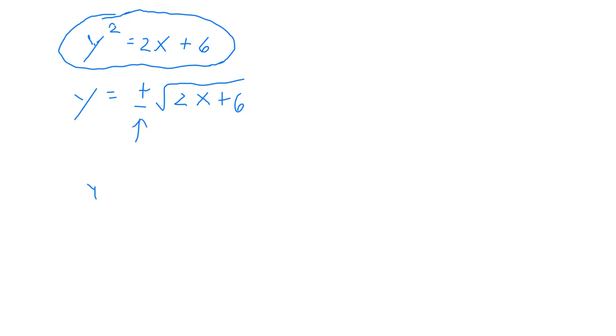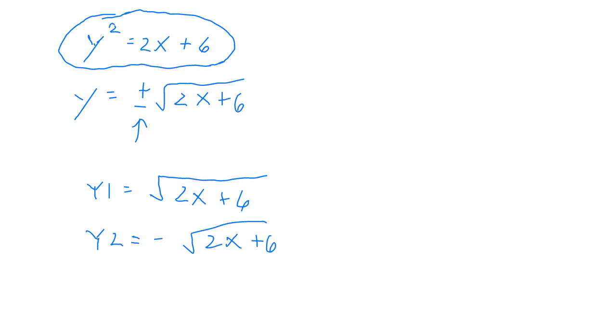So on my TI-83 or 84, I'd have y1 equals the positive square root of 2x plus 6, and y2 equals the negative square root of 2x plus 6. I'd graph both those functions, and that would give me a sideways parabola. And this is stuff you've done.